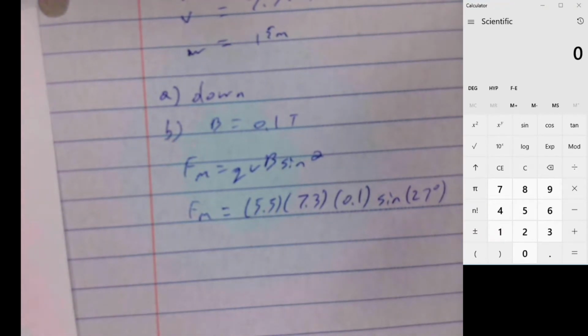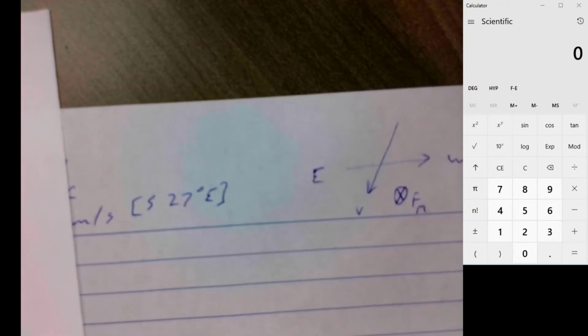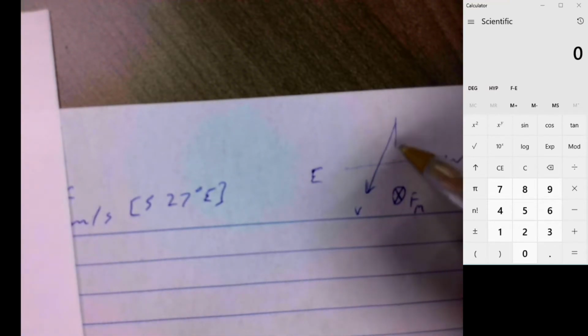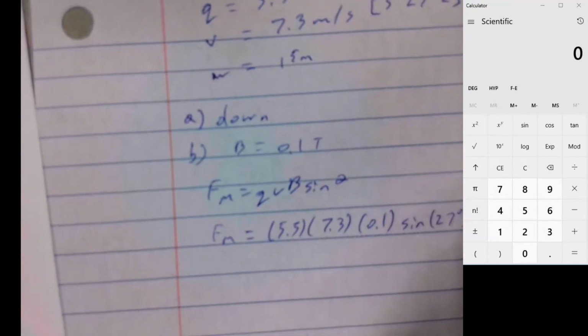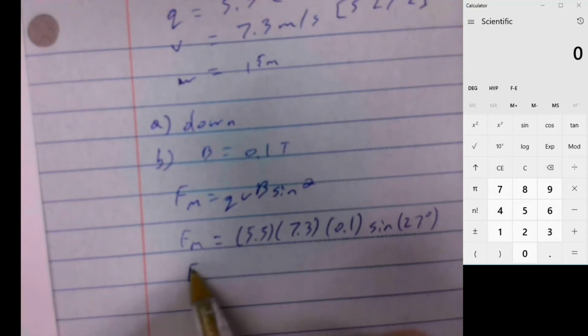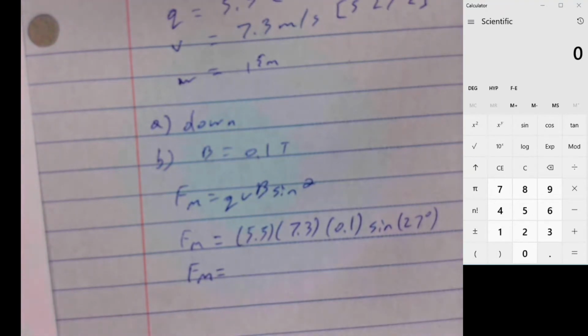So if we're looking back here, this angle, it's south 27 degrees to the east. This is our 27 degree angle. So we're angled at 27 degrees. So our magnetic force will be 5.5 times 7.3 times 0.1 times sine of 27.